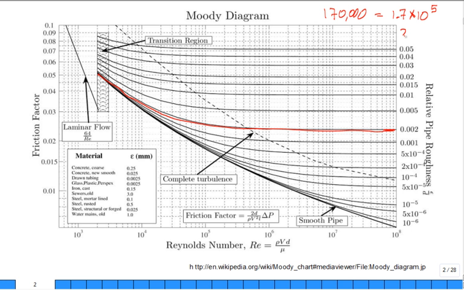Which is around 2 times 10 to the 5. So let's find 2 times 10 to the 5. There's 10 to the 5. Here's 10 to the 6. Is that 2 times 10 to the 5 right there? So a little bit less, maybe right in here. There you go. There's 1.7 times 10 to the 5.